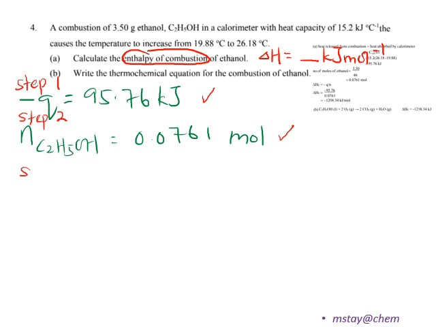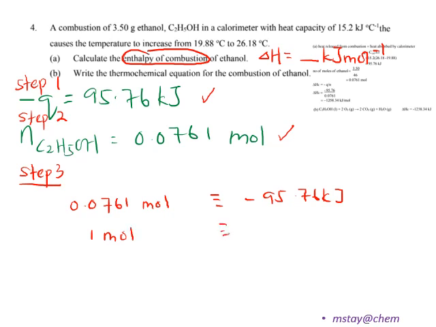So in step number 3, we're going to do the comparison. If we burn 0.0761 mole of ethanol, it will release 95.76 kilojoule. How about if we burn 1 mole of ethanol, how much energy will be released?